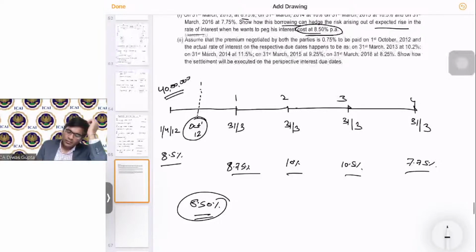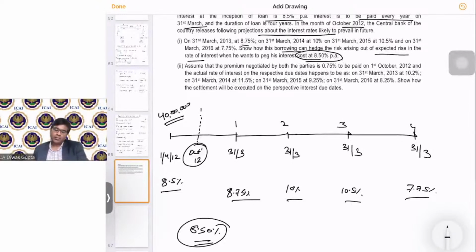Then in the second case, it is also saying that assume that the premium negotiated, and there is one more indication here which says that when he wants to peg his interest cost, right? Peg means limit his interest cost, which is at 8.5. That means they're talking about interest rate guarantees.